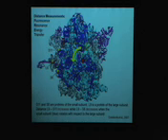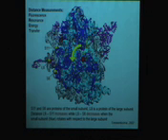And other people have used fluorescence energy measurements in order to find out that there are actually distance changes between proteins that exactly confirm the existence of this ratchet motion.